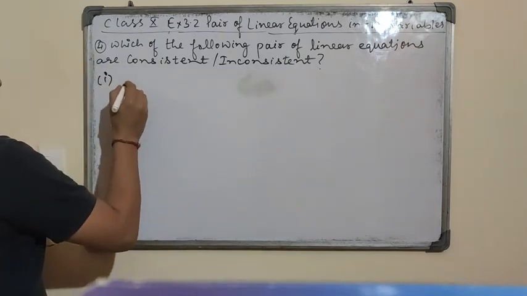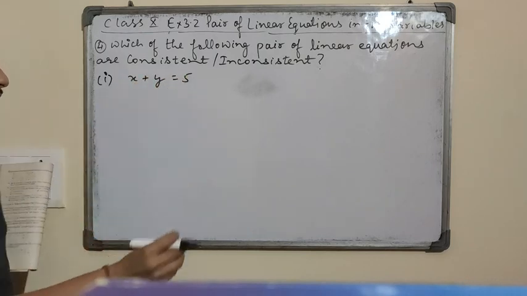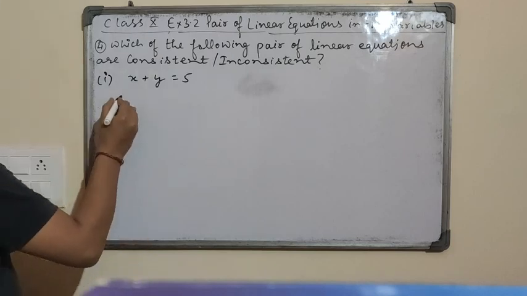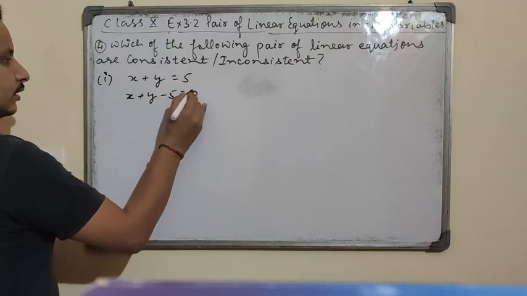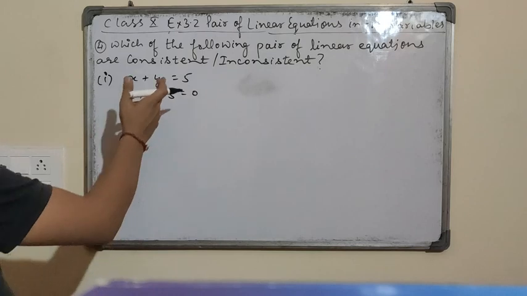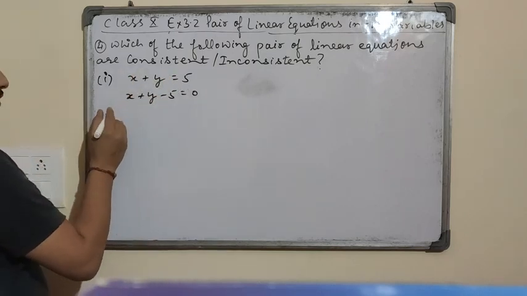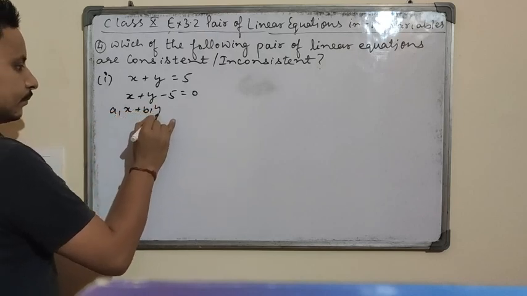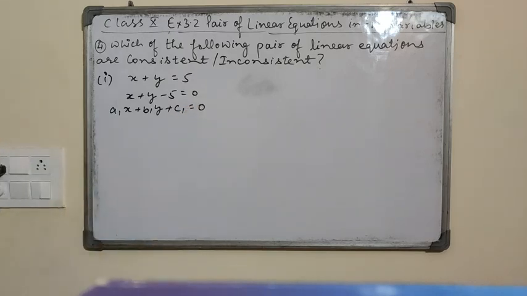We have the first equation, x plus y equal to 5. So x plus y minus 5 equal to 0. This 5 will come to the left hand side and it will become negative. Now we will compare this equation with a1x plus b1y plus c1 equal to 0.